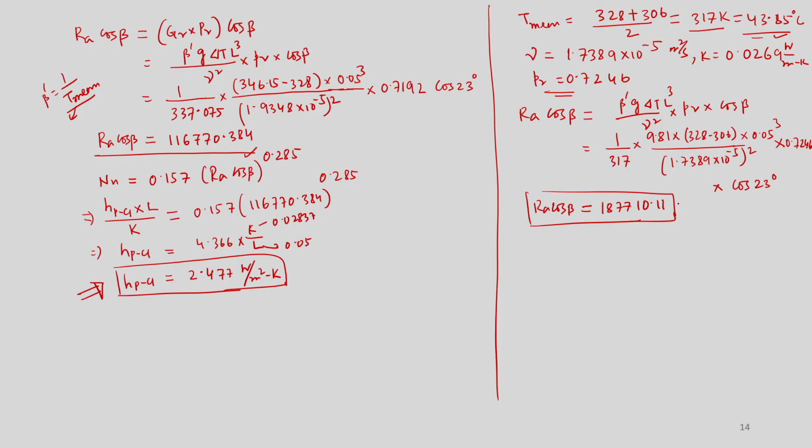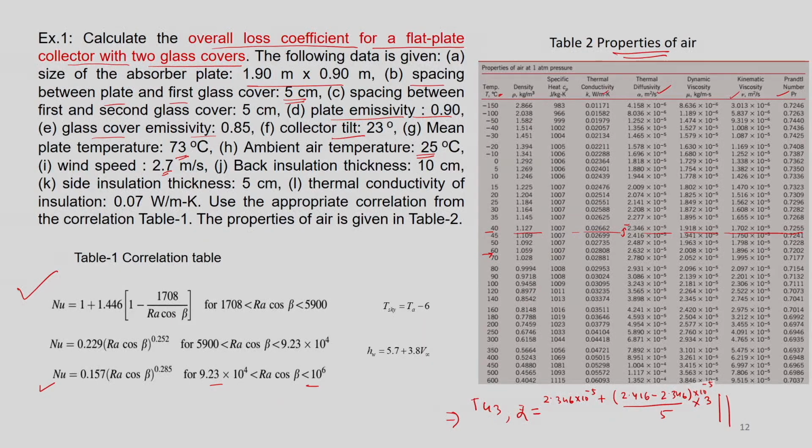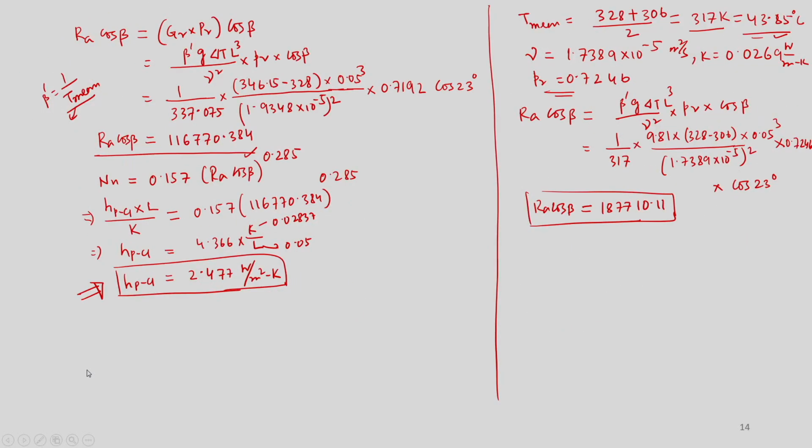Once you know this, then we can again see which correlation is appropriate for us. This is 18770. So, again the same correlation we need to apply, as this value is also in between this range. So, the correlation is: h c1 to c2 times L by K is equal to 0.157 times 18770.11 to the power of 0.285.